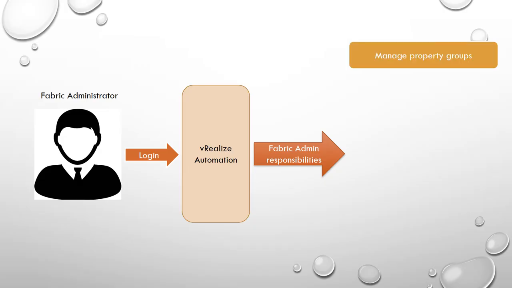Now let us discuss the complete set of responsibilities for the Fabric administrator. It manages property groups. Now, these property groups are basically the group of custom properties that are present inside vRealize Automation. It manages the compute resources that are coming from the endpoints that were created by the IaaS administrator.